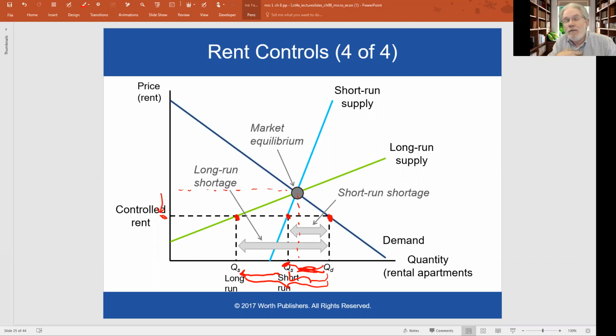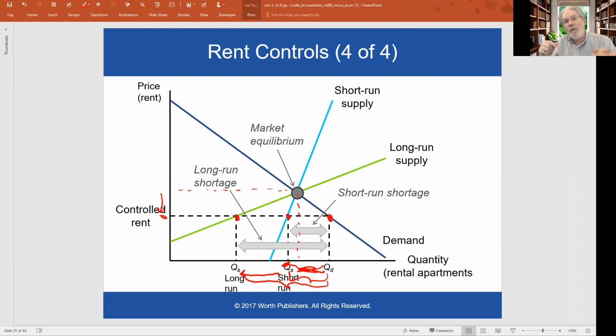It's a good decision from his point of view, because it's not profitable to maintain his property, and it's not profitable to rebuild it when it gets older. Okay, it's not good for society, because people who desperately want housing aren't able to get it, and the value they place on housing would be communicated to the producer, and he would respond if the price were allowed to go up.